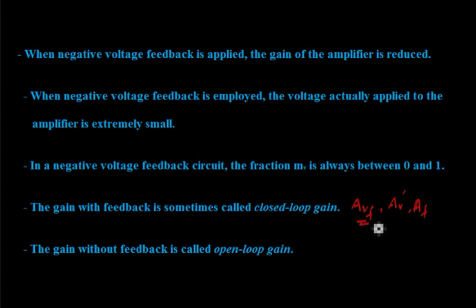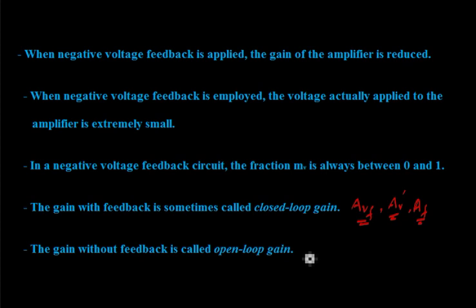This AVF actually represents the voltage gain of the amplifier with feedback. Some others will use AV prime instead of it, some others will use AF. So conventionally you can use any symbol. Also, when the feedback network is removed from the circuit, then the loop is opened.